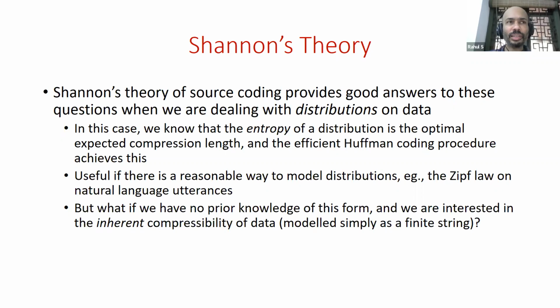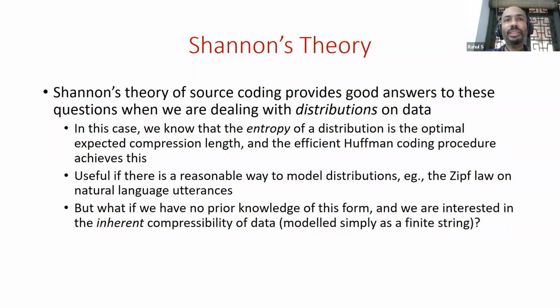This is a very clean, beautiful answer for this question, but it assumes that we know what kind of distribution on data we have and that there's a reasonable way to model distributions. For example, if you have natural language utterances, so your text consists of words in English, then there's Zipf's law, which tells you that, roughly speaking, you look at the rank that a word has in terms of its number of occurrences.